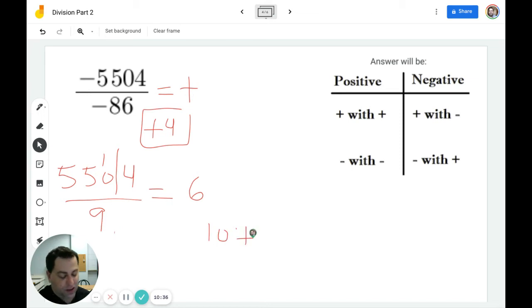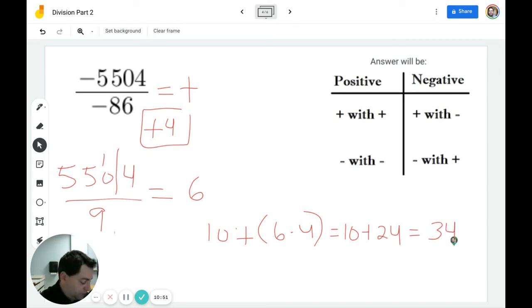I'm going to add 6 times 4. 6 times 4 is 24. 10 plus 24 is 34. 34 into 9 goes 3 times. 3 times 9 is 27. 34 minus 27 is 7.